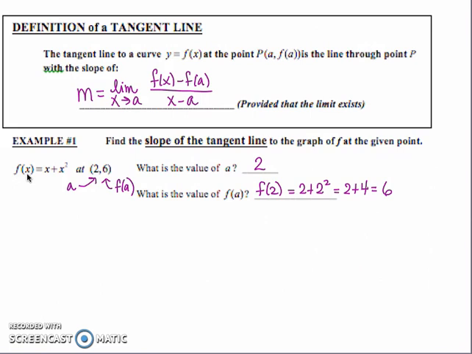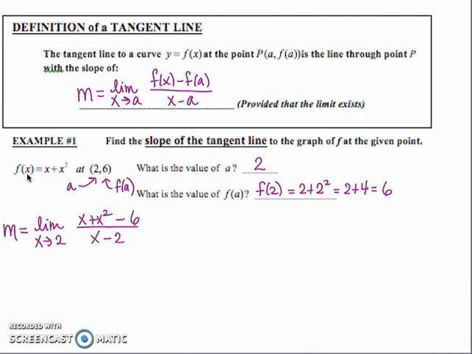So now let's go ahead and plug this into our definition of a tangent line. So the slope will be the limit as x approaches 2, because that's our a value, of f of x minus f of a. So f of x is our function, x plus x squared, minus f of a, which is 6, divided by x minus a.